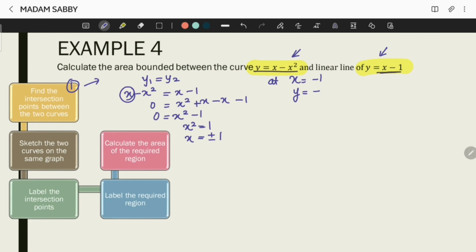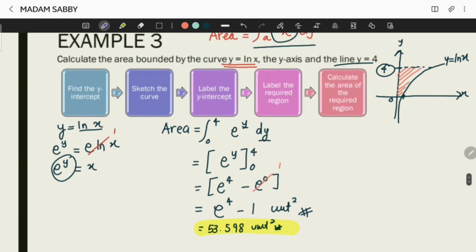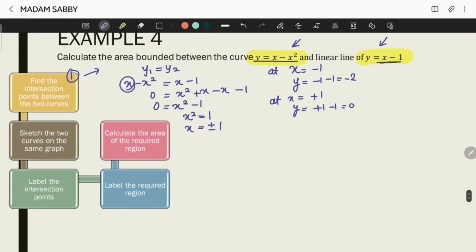So negative 1 minus 1 equals negative 2. At x equals positive 1, y equals positive 1 minus 1, which equals 0. So we have 2 intersection points: negative 1, negative 2, and 1, 0.